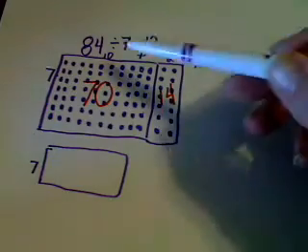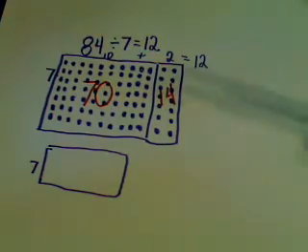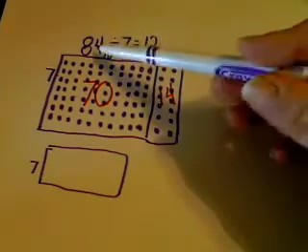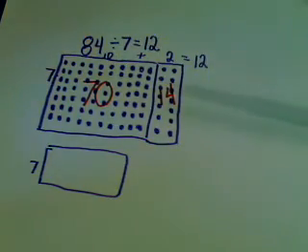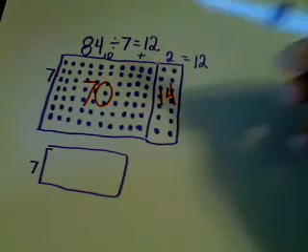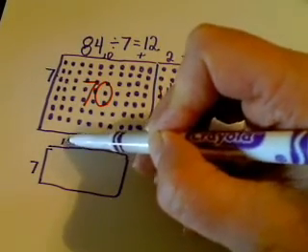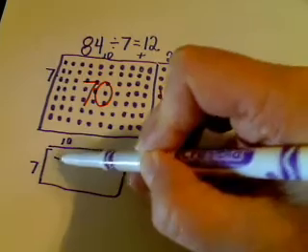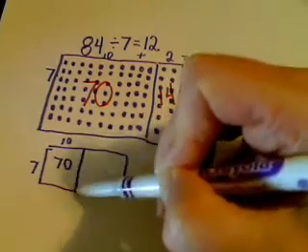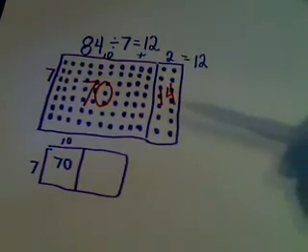And I'm going to think in my head some basic facts of multiples of 7. Well, 7 times 10, that's 70. 7 times 20, woo, that's 140, so that's way too big. But I can take out 10. So I'm going to take out 10 sevens, and that is going to be 70. That doesn't quite get me to 84.